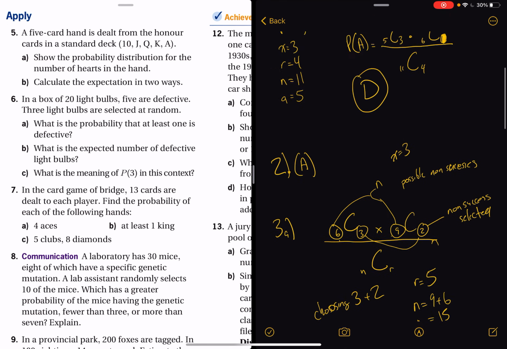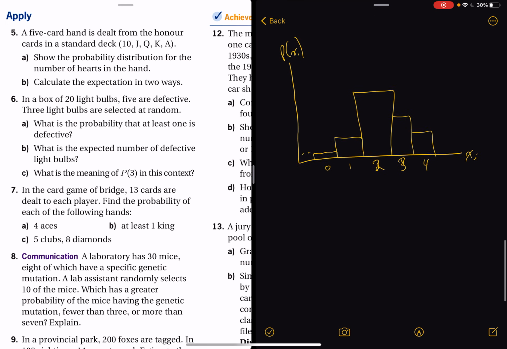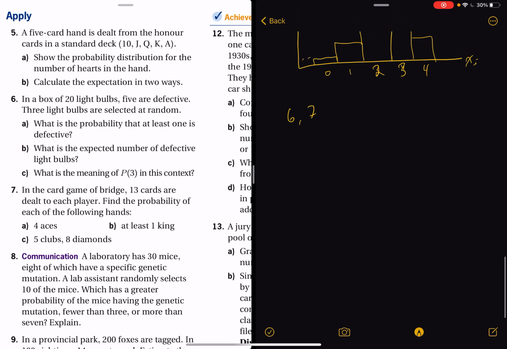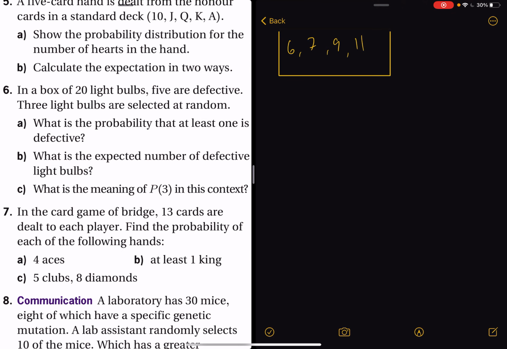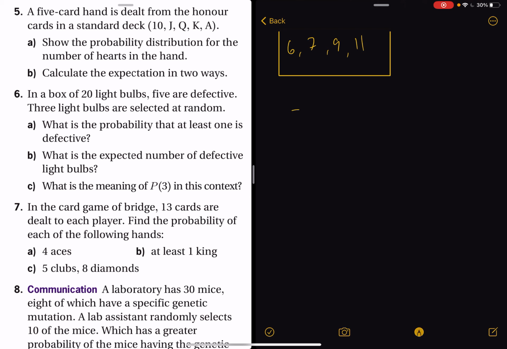Next question. We had 6, 7, let's write it here, 6, 7, 9, and 11, so I don't have to go back all the way all the time. So I have in a box of 20 light bulbs, 5 are defective. 3 light bulbs are selected at random.